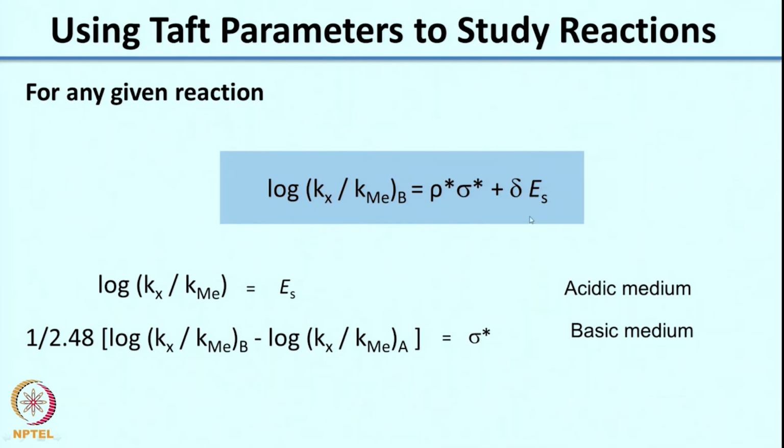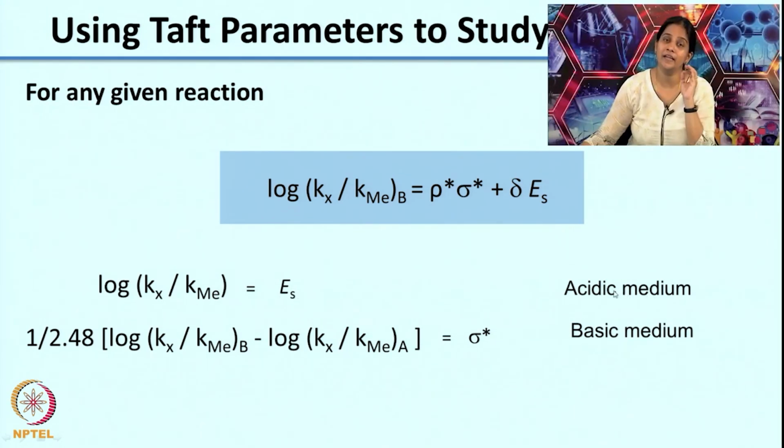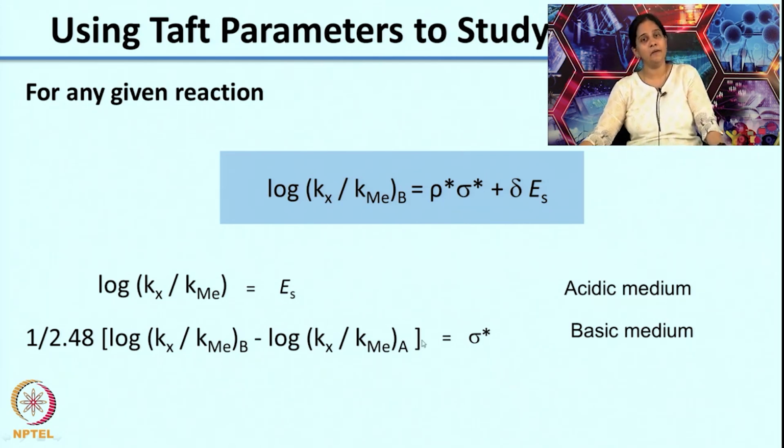on a particular reaction. So now again just to revise, log Kx over Kme, the steric factor Es is given by the ester hydrolysis reaction under acidic medium, whereas your sigma star is obtained from the equation that we had seen earlier from ester hydrolysis under basic medium.